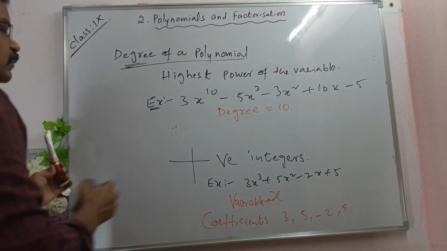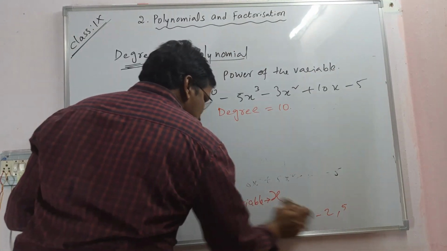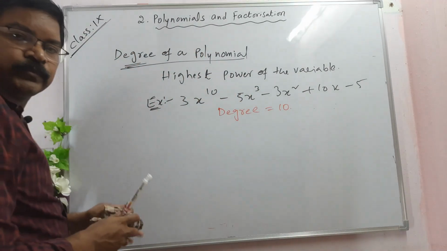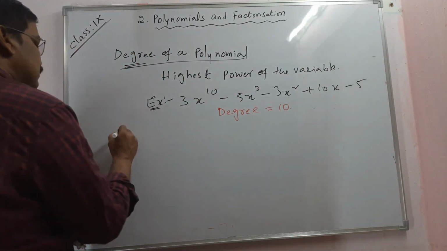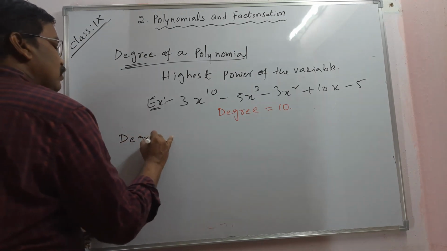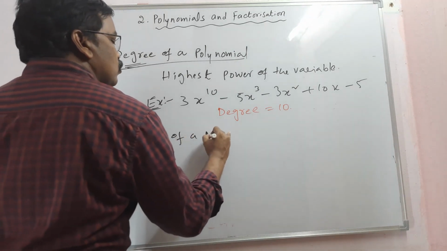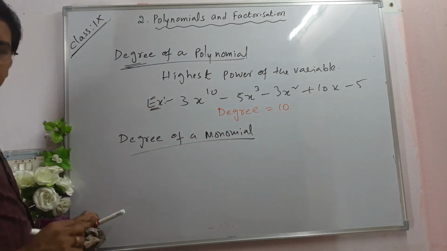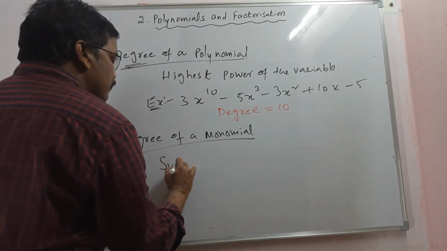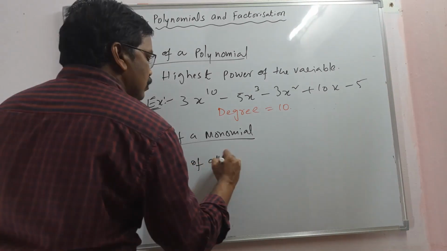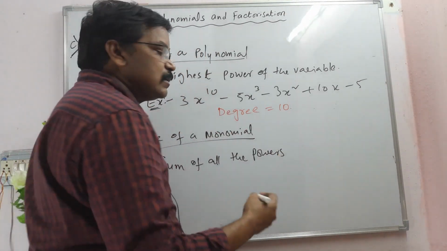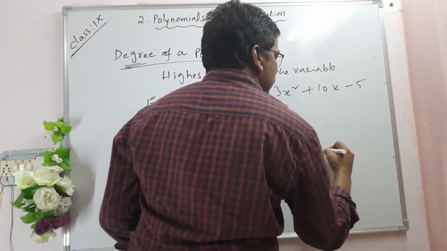The next one is the degree of a monomial. Degree of a monomial means the sum of all the powers of the variables.